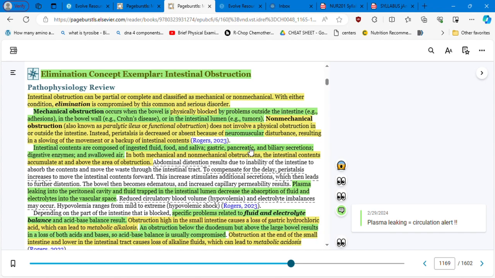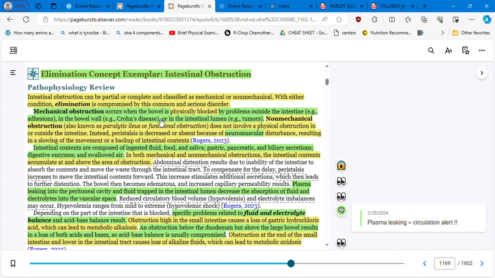Mechanical obstruction, so we are covering right now the first subtype. It occurs when the bowel is physically blocked. So it's physically blocked, something that you can remove. It could be a tumor, it could be a mass, by problems outside the intestine, like, for example, adhesions, or in the bowel wall, Crohn's disease, that we're going to explain further.